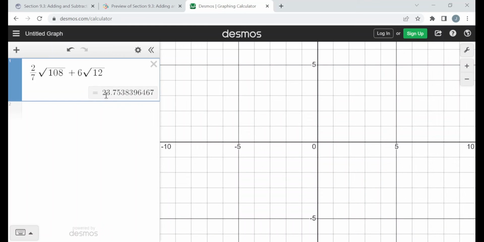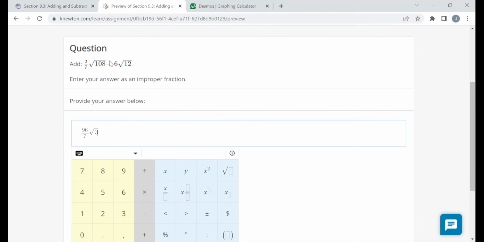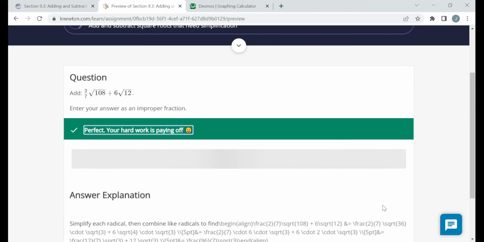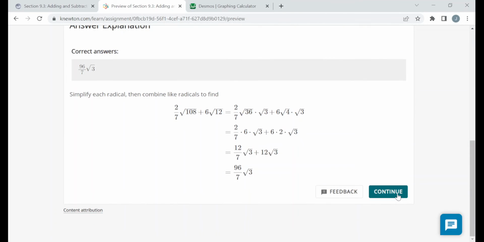And you see the value of this is 23.7538396467, and so on. And then put in the value of the expression I ended up with, 96 sevenths times the square root of 3, and you see it's the exact same number. Alright, so that's a way to double check my work here, with the numerical expressions anyway. So that should be good. Great.